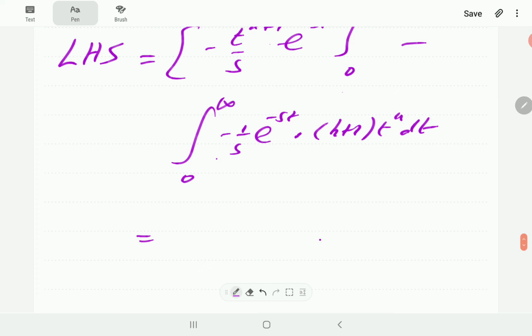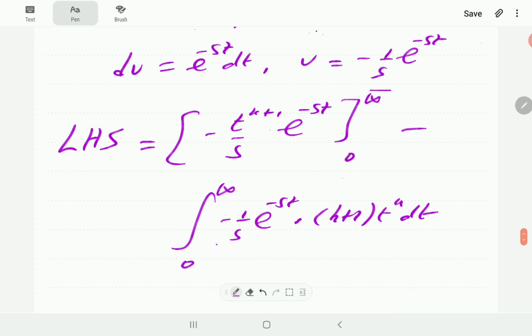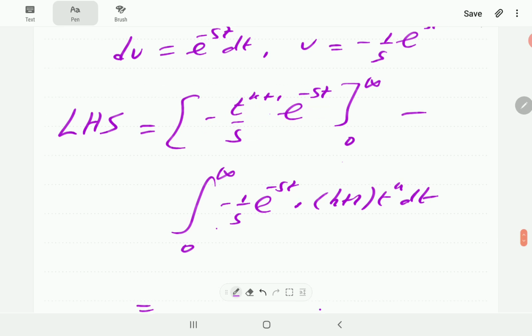Now this term, as t goes to infinity, is going to go to 0 by the result we established in number 1. And then this term at t equals 0 is going to be 0 as well because of this term. This term is 1. This one becomes 0. So this whole term is going to vanish.